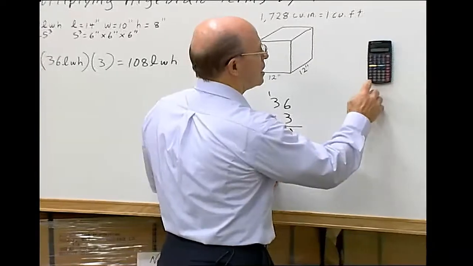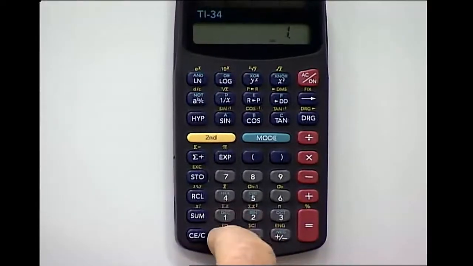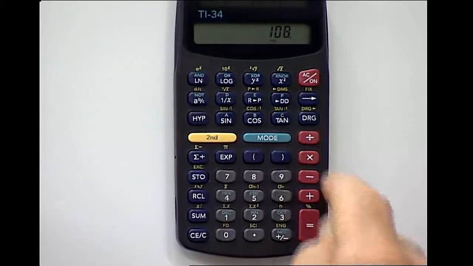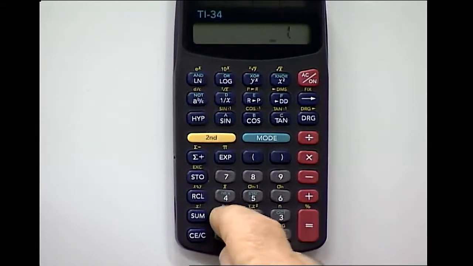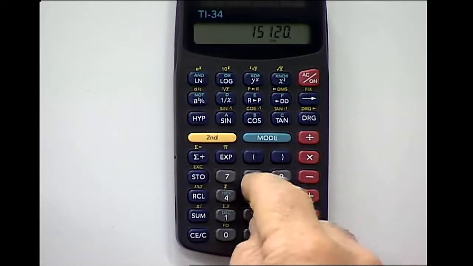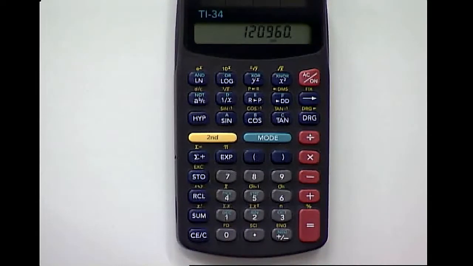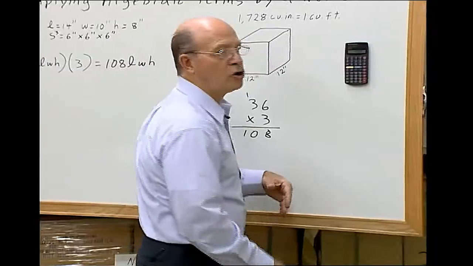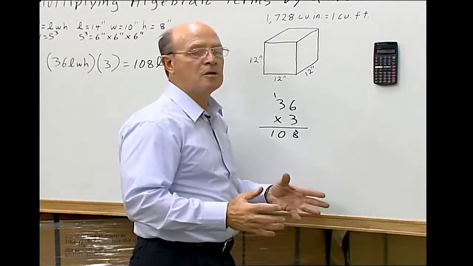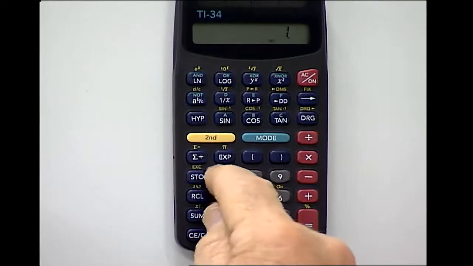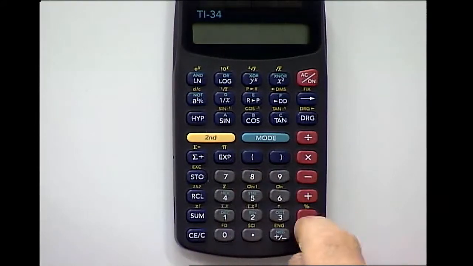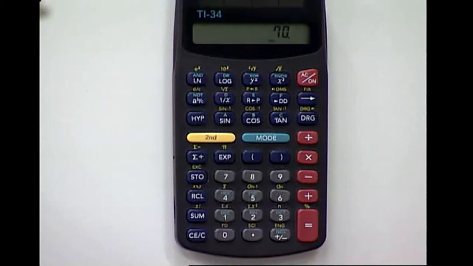Let's go to the calculator. 108 times the length, which is 14, times the width, which is 10, times the height, which is 8, equals 120,960 cubic inches. We divide that by 1,728, and that equals 70.